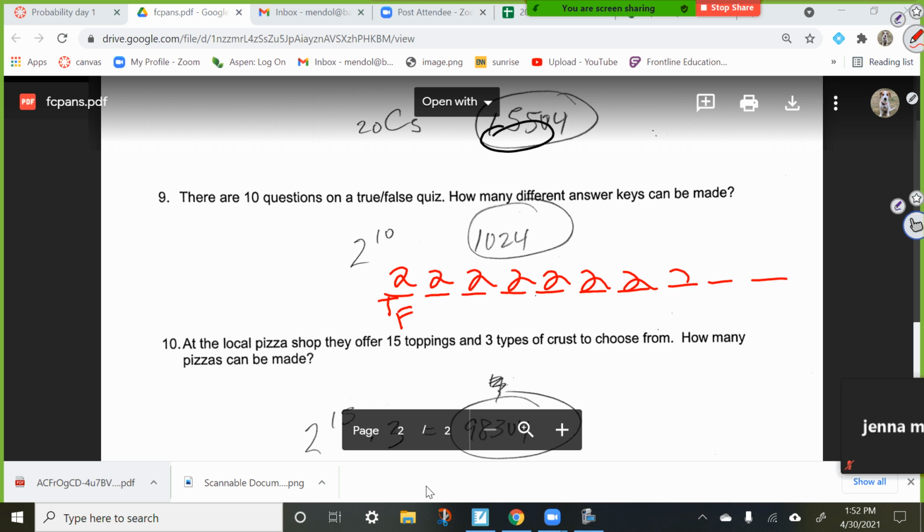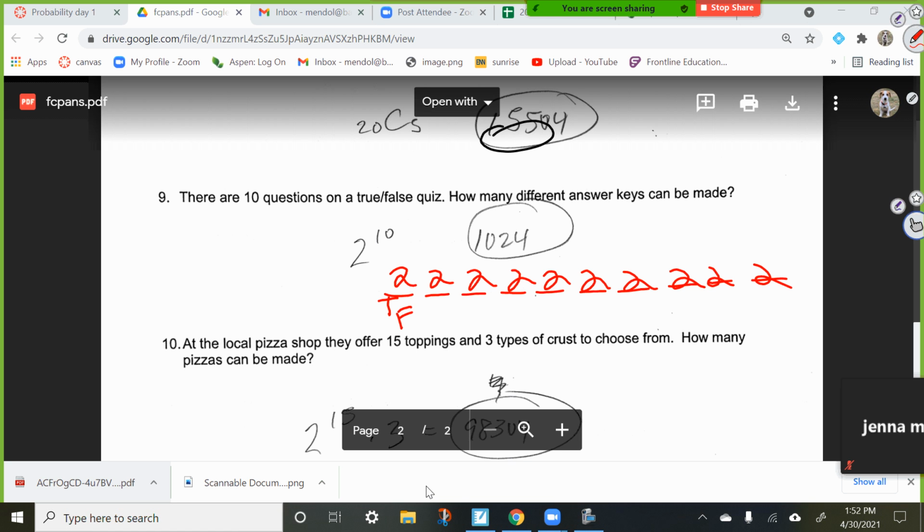So FCP, right? 2 to the 10th. Does that make sense? Yeah. So on those, it doesn't say I have 10 questions and I'm only choosing 4, right? It says on the 10 question true and false quiz, how many different answer keys are there? So there's 2 choices for each question, right?